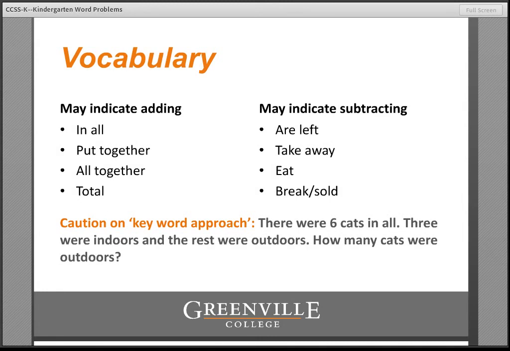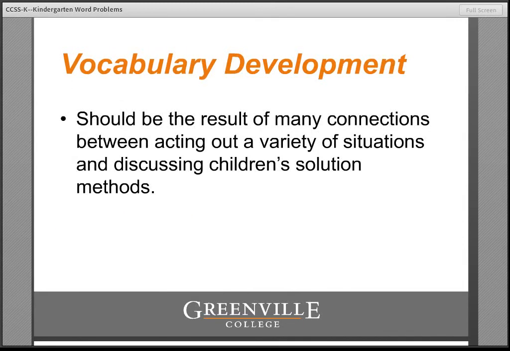So we really don't want to have to undo a misconception that they developed in kindergarten in order to get them successful with this. So the best thing to do here is to really help them see how these words play out with their actions, rather than coming to some sort of strict rule: when you see this, it means that. So they're going to learn their vocabulary by making connections between that language and their actions.